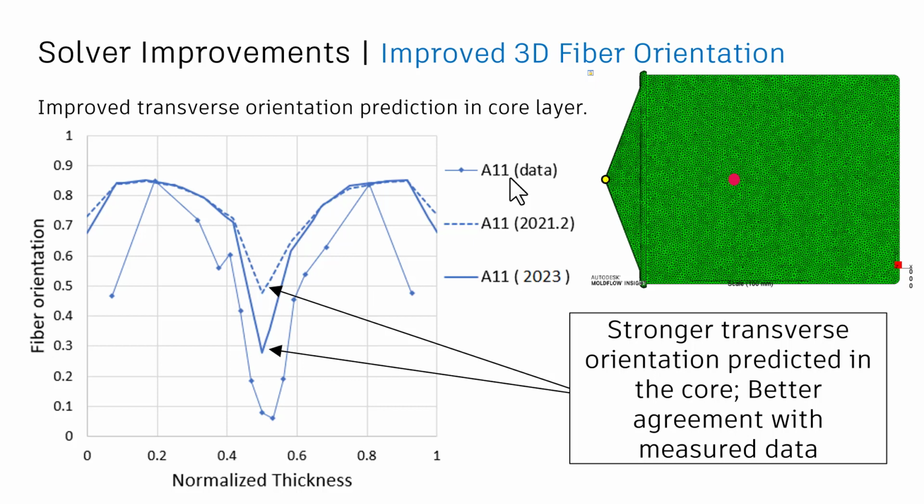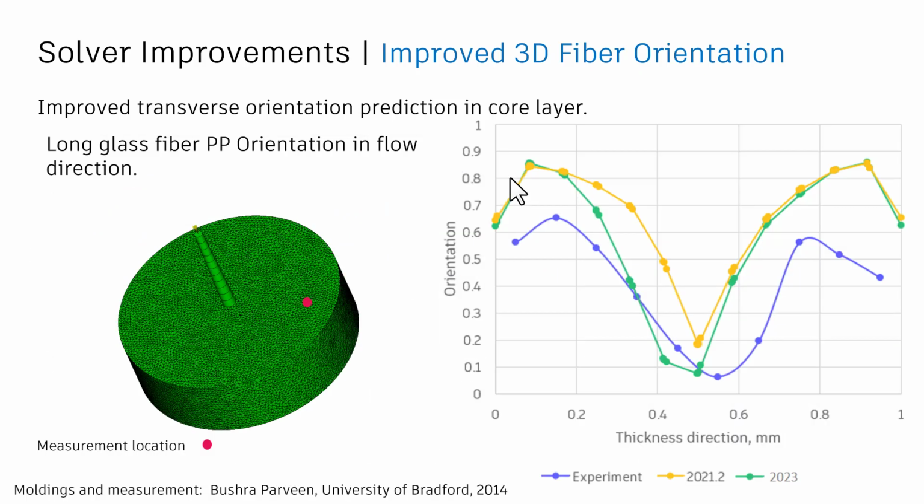So the core may be a little broader now, and it has gone deeper versus the earlier version. I would not say it is exactly the same, but now the core is a little deeper versus wider as compared to the earlier version. And the effect is more prominent for long glass fiber.